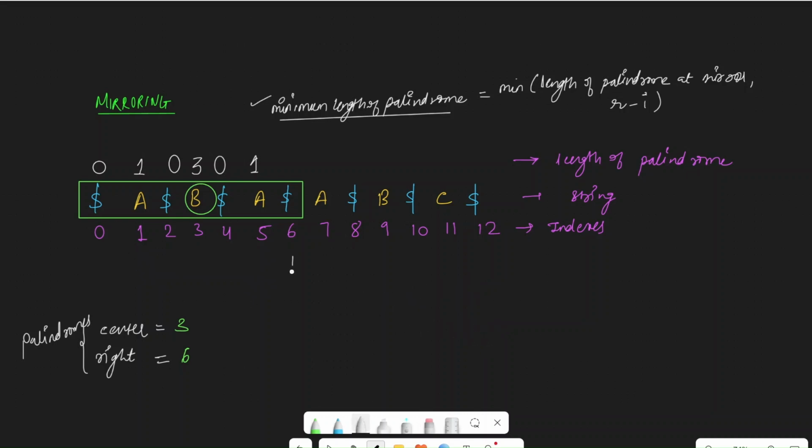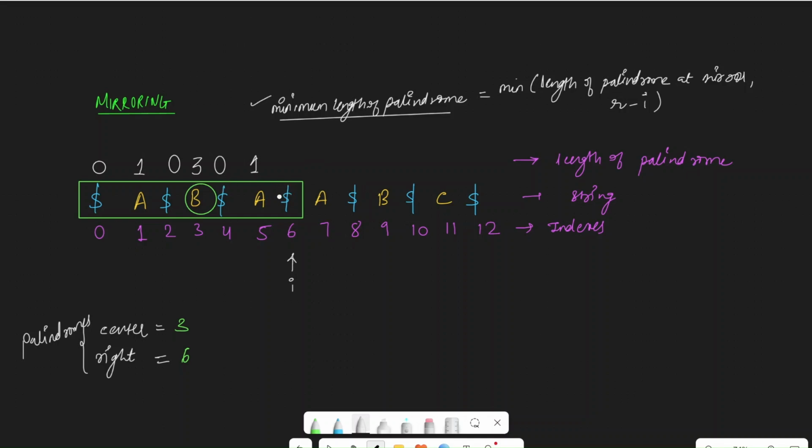Now again, I will shift my I and calculate the longest palindrome at index 6. At index 6, we have a palindrome, but are we within the boundary of the palindrome? Is our I less than the right boundary of the palindrome? It is not. In this case, we can't use mirroring and we have to use expansion. So we are going to expand from here. 1 to the left, 1 to the right. These are equal. 2 to the left, 2 to the right.